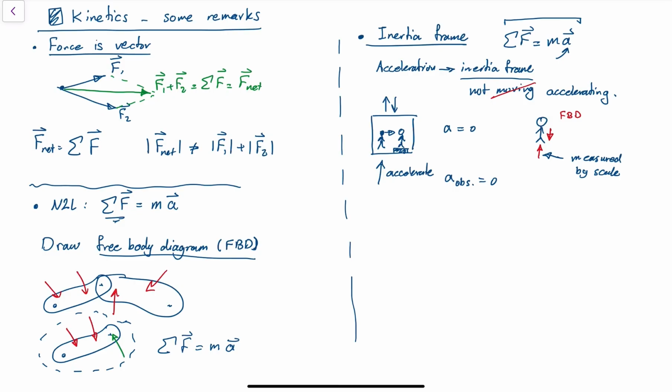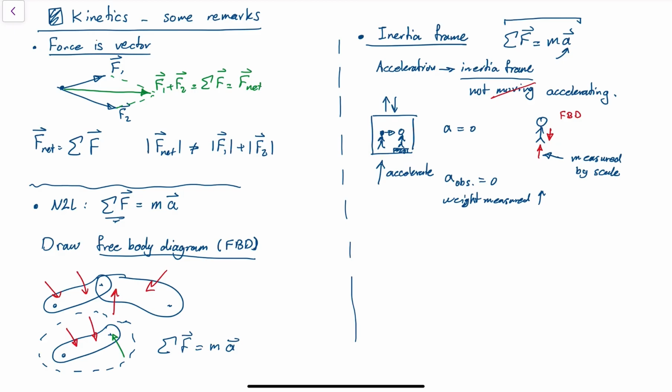But you know that the force the scale measures increases. The weight measured increases. How do you explain this discrepancy?